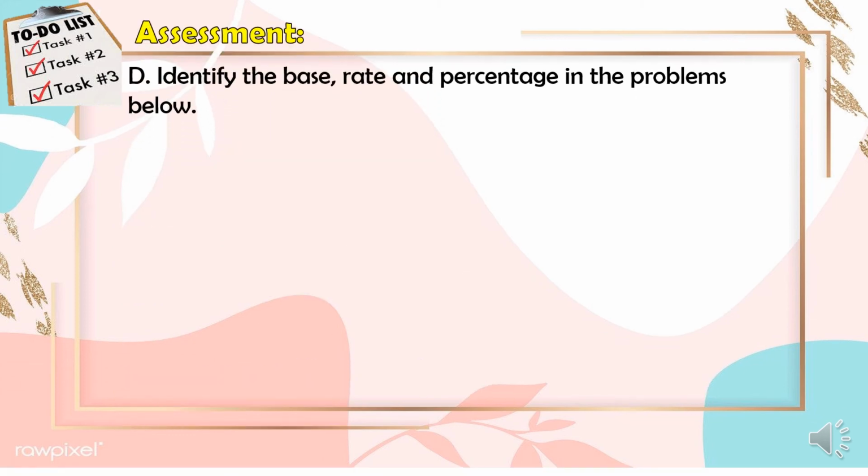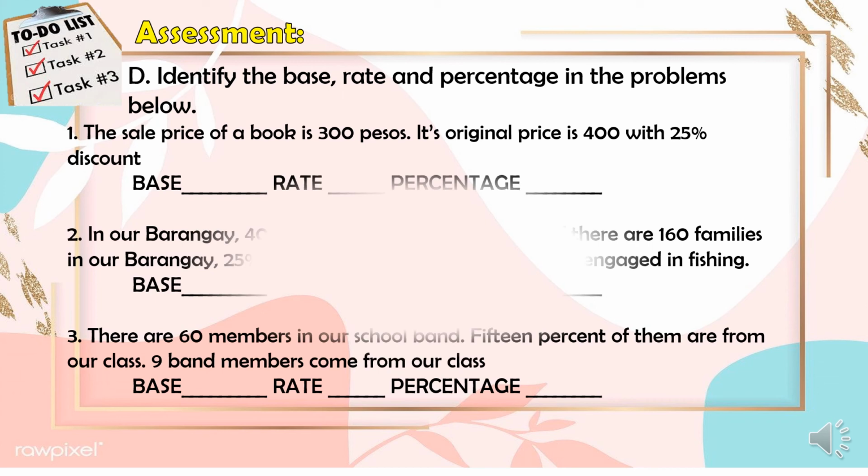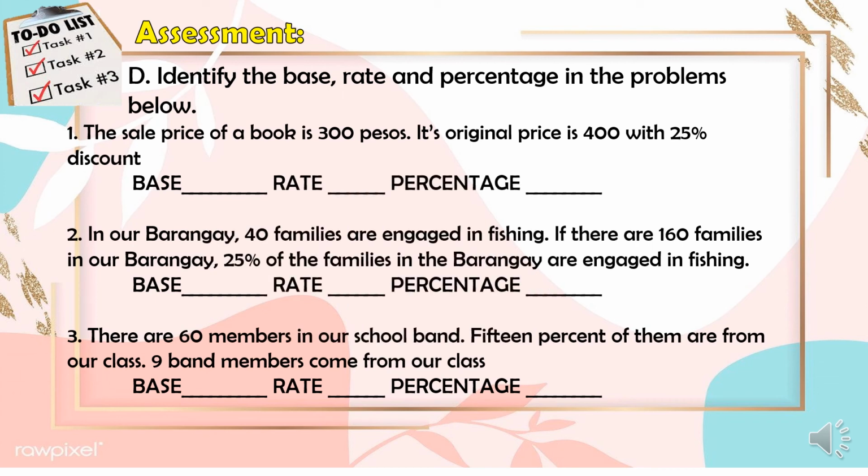Okay, so let's move on to the assessment letter D. Identify the base, the rate, and percentage in the problems below. So we have number 1 problem. The sale price of a book is 300 pesos. Its original price is 400 with 25% discount.